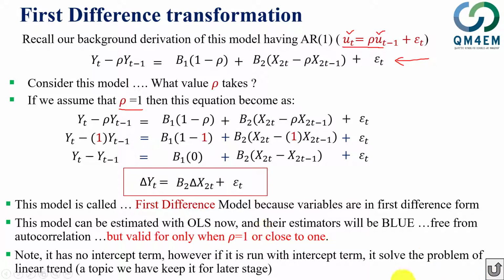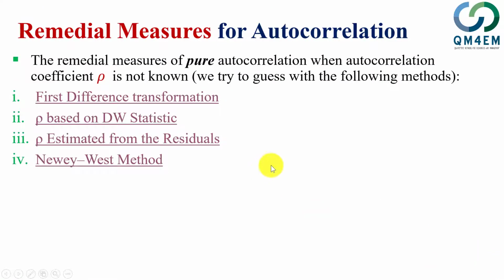Now moving back to my original slide, we were discussing that pure autocorrelation could be solved if we know the value of rho, and the rho value could be guessed in a number of ways. We already saw how we can use the first difference transformation for the value of rho and solve the problem of autocorrelation. Now we move to the second method, in which we guess the rho value based on the Durbin-Watson d statistic.